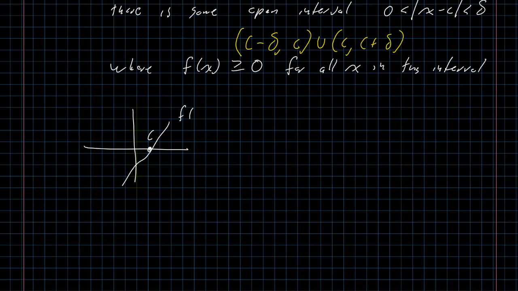So if f of x looks something like that, then this whole process is going to fail. But if you've got your point c here, and your function is doing something that kind of looks like that, well, I have to go into this very small window inside there, but it does exist. And I can just stay in that interval and everything will work out fine.